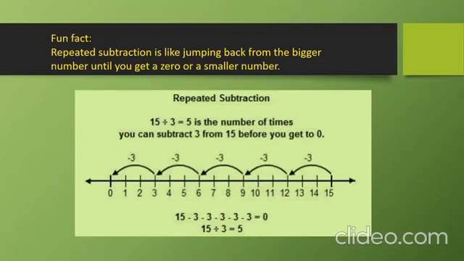For example, 15 divided by 3, here we have 15. We should count 1, 2, and 3. Here we have the first 3 steps. First step, 1, 2, 3, and here we have the second jump. 1, 2, and 3.